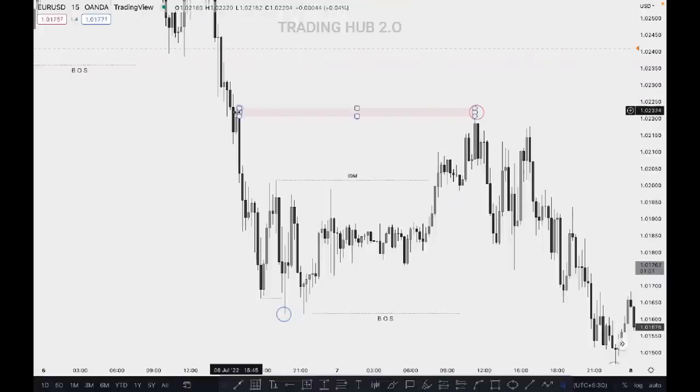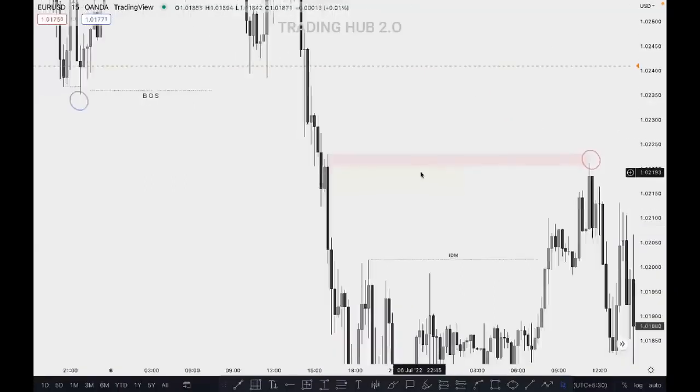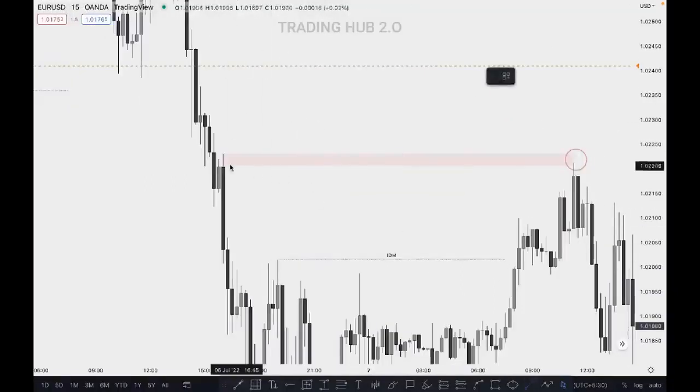Why? Because this high has been taken out by this candle, and this is our middle candle. Here is an inside bar, and this candle did not take any previous swing high or low. This candle actually took out the previous candle's low, which is here.